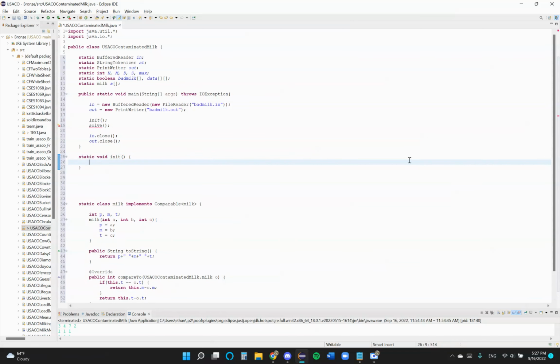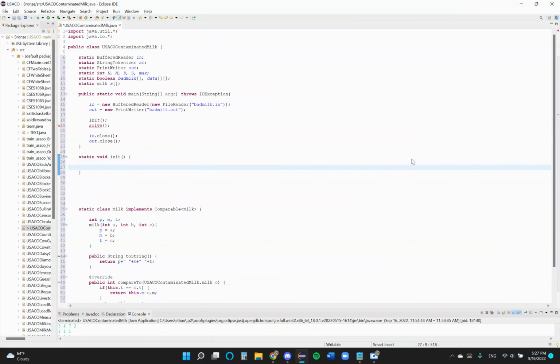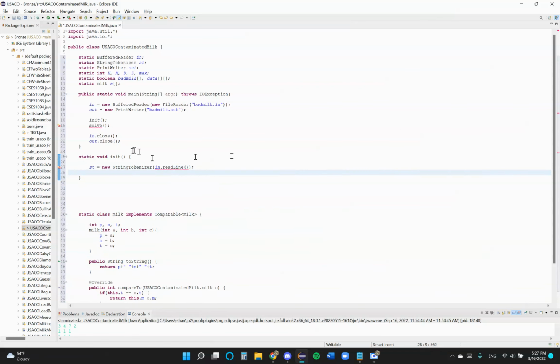So we're gonna need to use a string tokenizer to get all the integers N, M, D, S first. So st equals new StringTokenizer(in.readLine()). And we have to throw an exception here too.